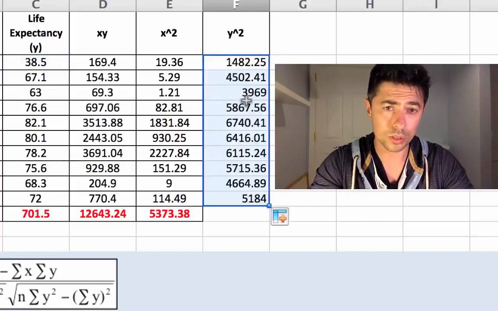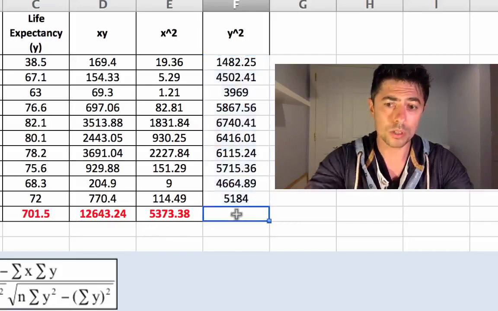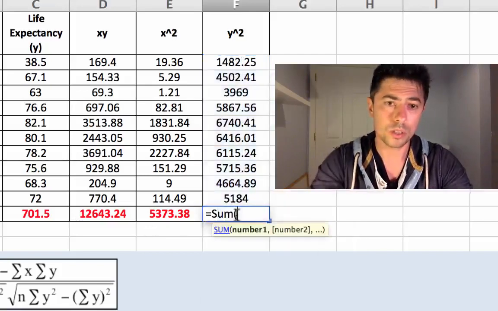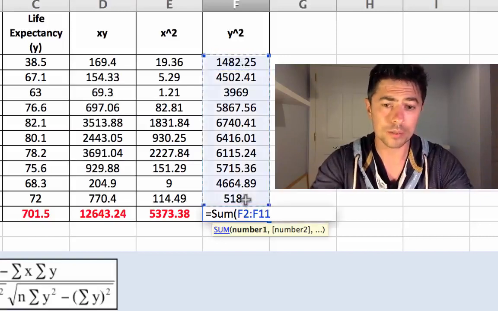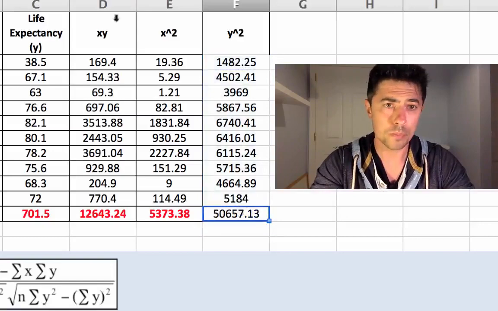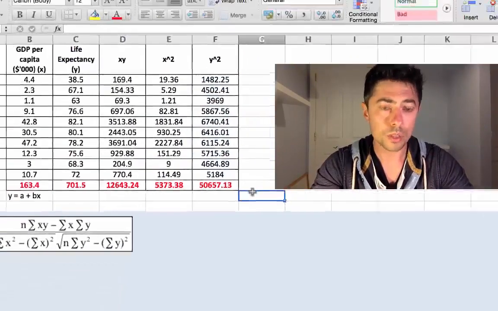We can just drag that box down to the last country here, which is Brazil. And then we just sum up the values. So we click on the cell, in this case F2, colon, the last cell we want to include in the calculation, F11. Close your bracket, and we have the sum. So there we have the y squared.